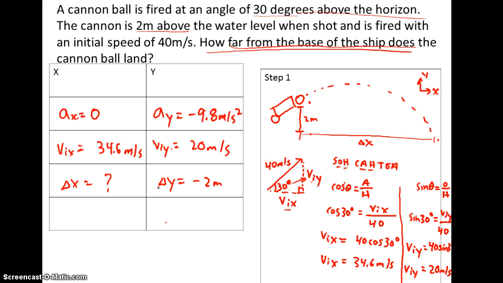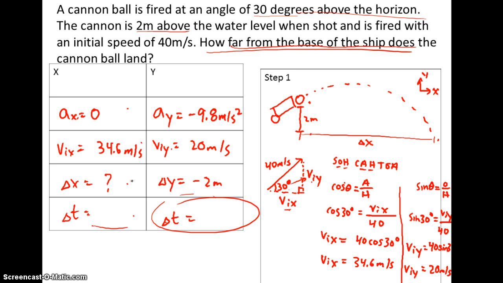So look, we have three quantities in the y direction. Whenever you have three quantities, you can always find a fourth. Time doesn't matter about direction. Time in the x, time in the y, we can find the time in the y direction using the three quantities we have, and then use that time in the x direction. Then we'll have 3 knowns and we can solve for our one unknown value.